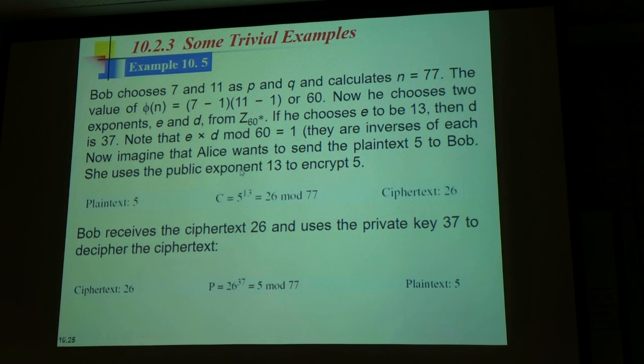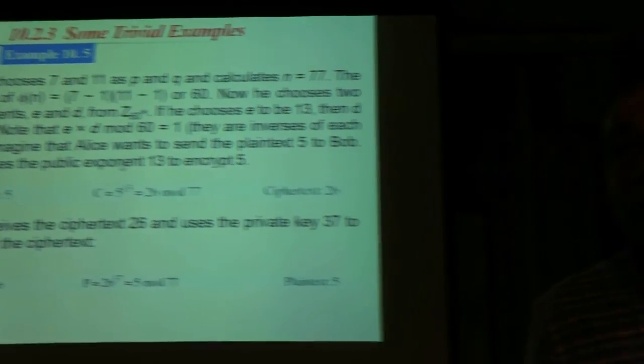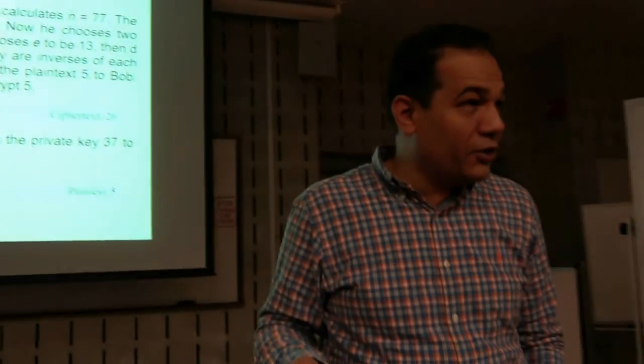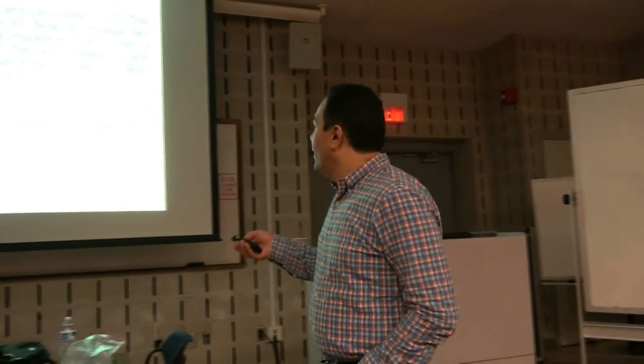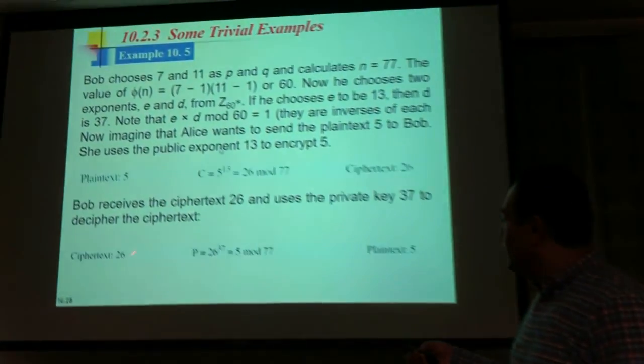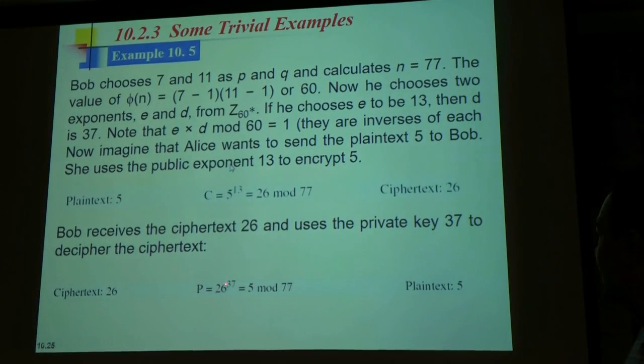That will give you 26. So what is this 26? It's the ciphertext. Now, for decryption, what you have to do is take 26, the ciphertext, to the power of 37. What is 37? D, the private key. That will give you 5.